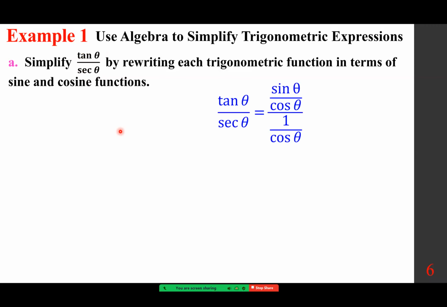Now, you may see that you can cancel those two, or you can say this is a complex fraction. I'm going to multiply by cosine theta over cosine theta. However you do that, it will give you sine theta over 1 or simply sine theta. Either way is fine.